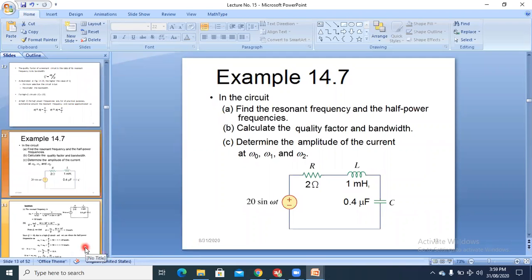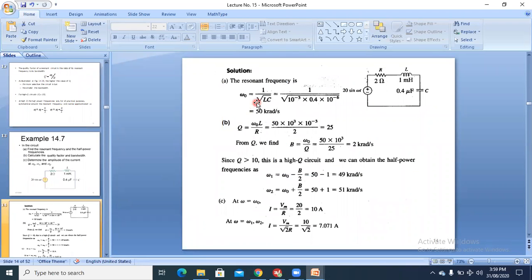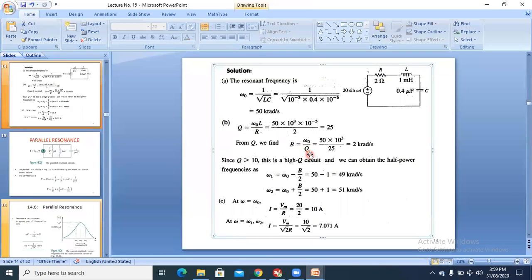For this there is simple math: omega naught is equal to 1 over the square root of LC, and from omega naught we can find the value of Q as omega naught L by R. From this value of Q we find the bandwidth. And once we calculate the bandwidth, we find the values of omega 1 and omega 2.